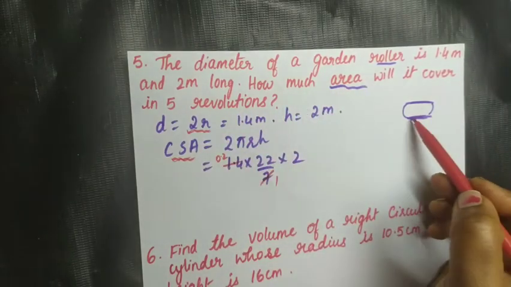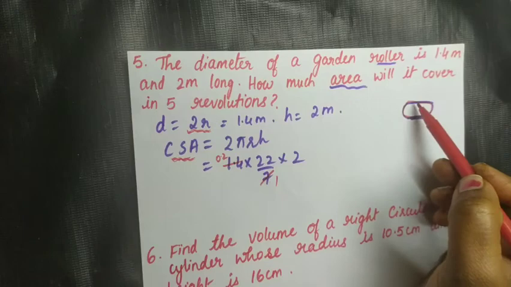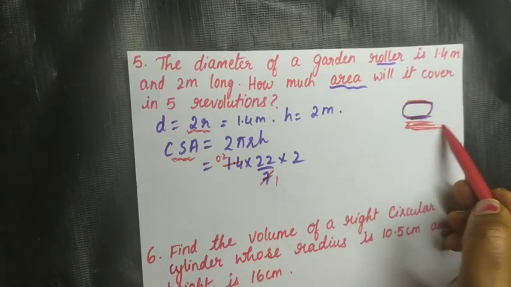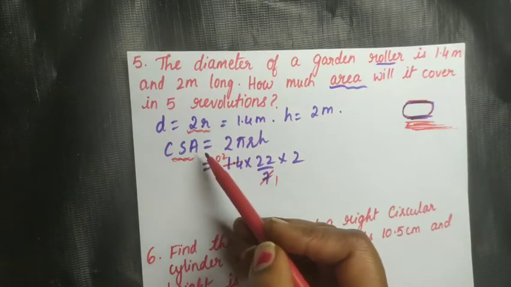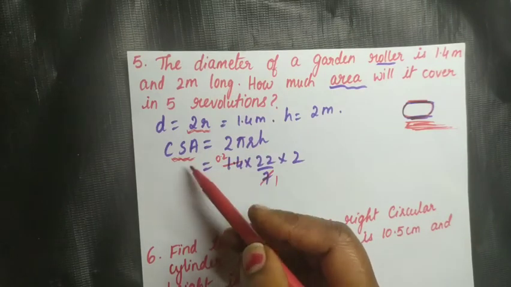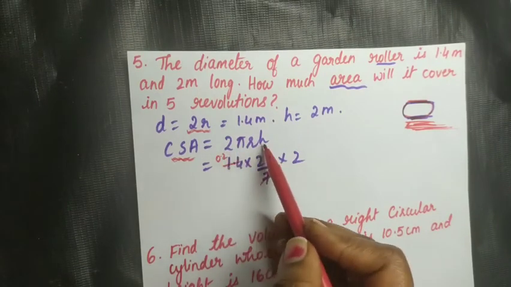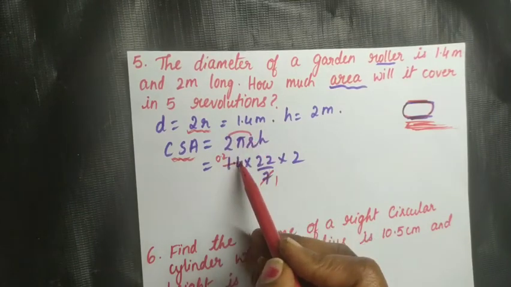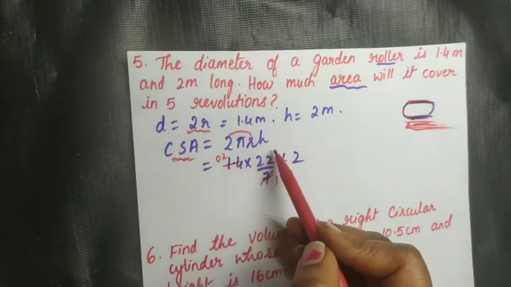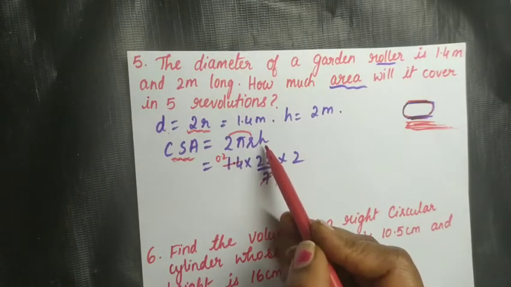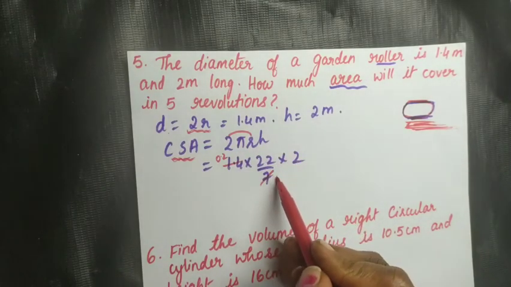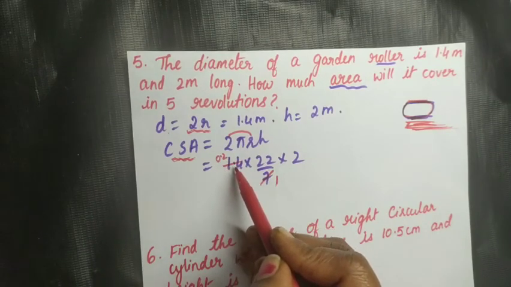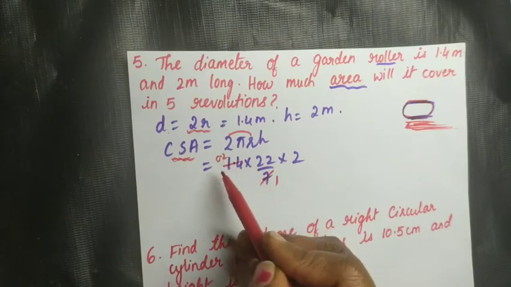Now what is the CSA of the garden roller? The garden roller is in the shape of a cylinder. Only the lateral surface area touches the ground, so we have to find only the CSA. So it is 2 pi rh. I'm writing 2r as diameter, 1.4, into pi which is 22 by 7, into h which is 2. Now 7 ones are 7, and 1.4 cancels to 0.2.